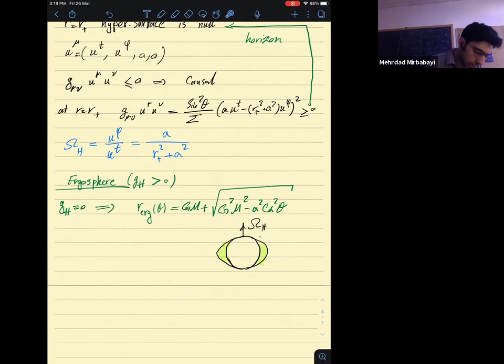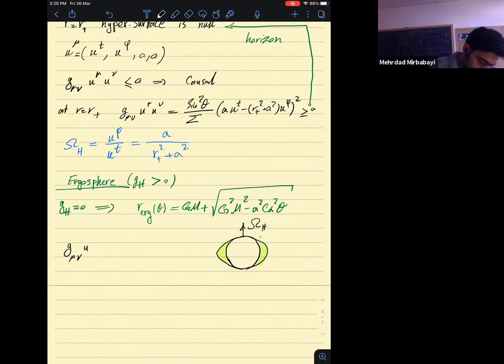Now here, when GTT becomes positive, in order to have non-positive normalization, we have to have non-zero phi dot.